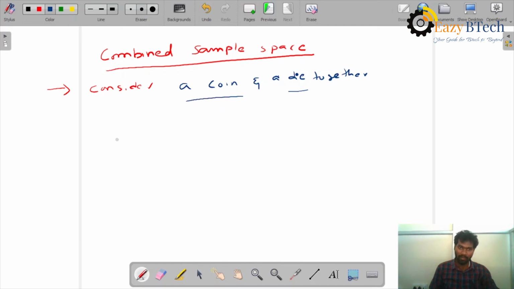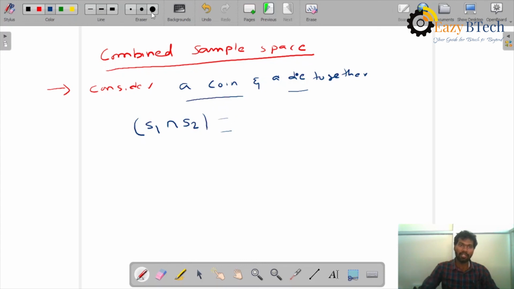So for the combined sample space, how many outcomes are there? Suppose S1 is the sample space of the coin, and S2 is the sample space of the die, and we can write S1 intersection S2 equal to the sample space events.